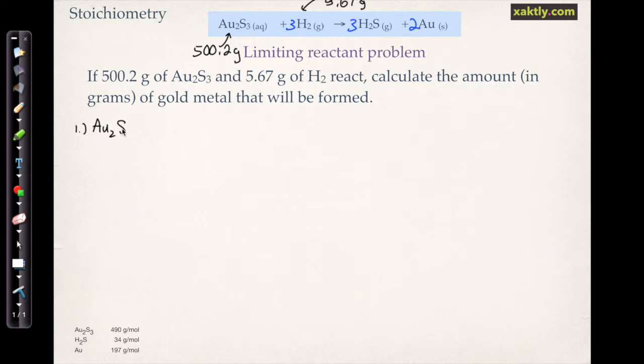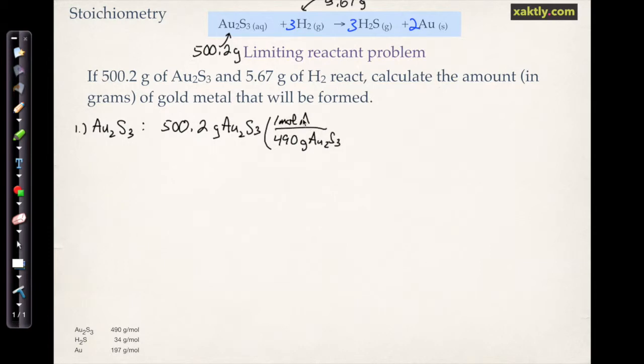So we'll start out with gold sulfide. We have 500.2 grams of gold(III) sulfide. And we know that in 1 mole of gold(III) sulfide, there are, I believe, 490 grams. So 490 grams of gold(III) sulfide in 1 mole.